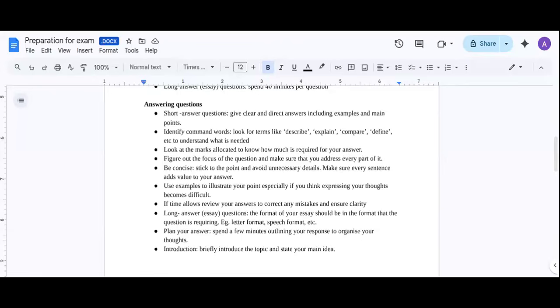So let me give an example. A question might come that says, and we go straight to functions of the family, all my examples will be functions of the family. So let us say they ask, how does the school help carry out the function of socialization? You didn't focus on what the question is asking.